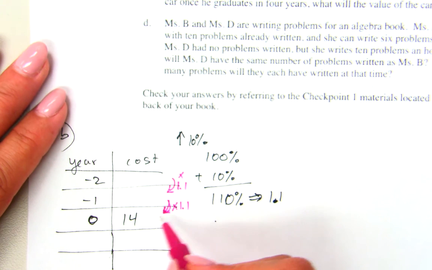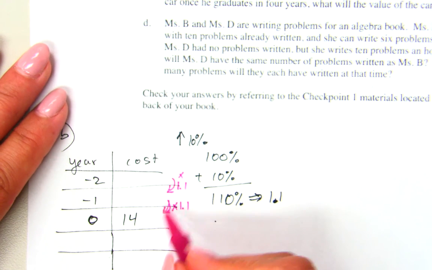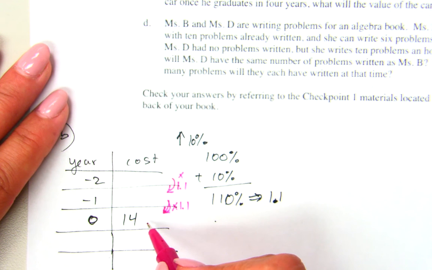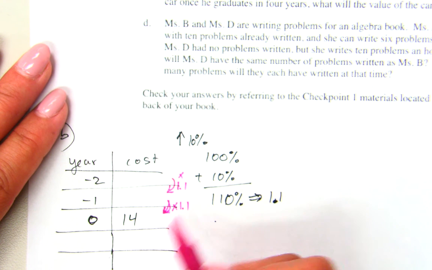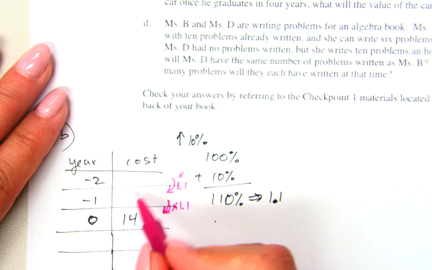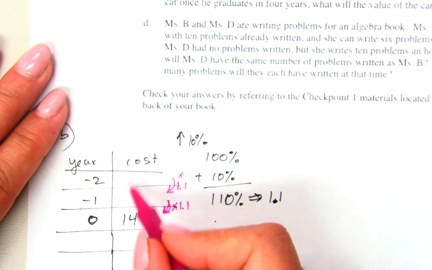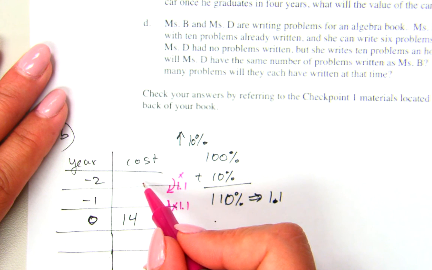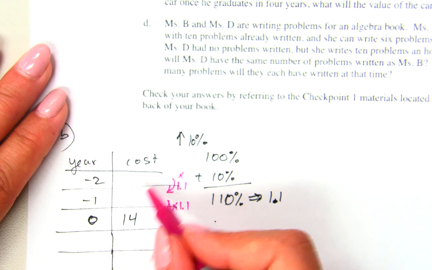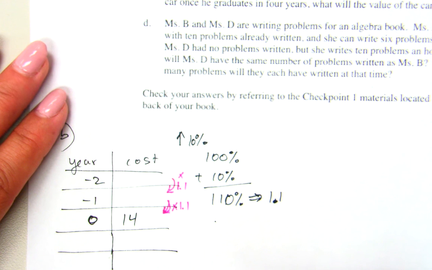Since you multiplied by 1.1 twice to get to 14, you have to go backwards and divide by 1.1, get an answer, and then divide by 1.1 and get another answer. So it's going to end up being a number bigger than or smaller than 14?